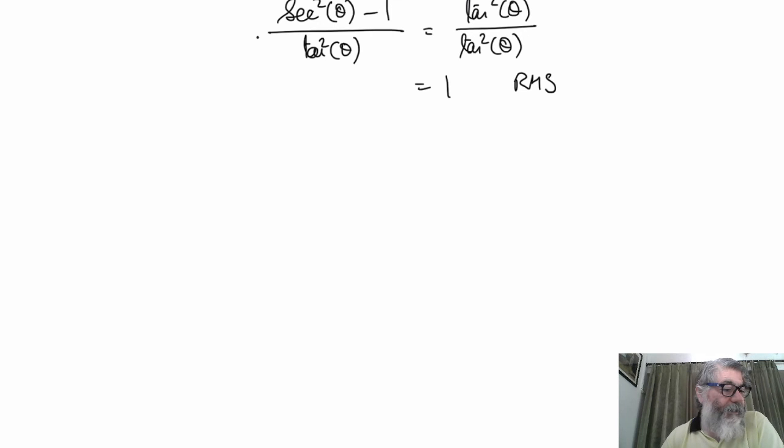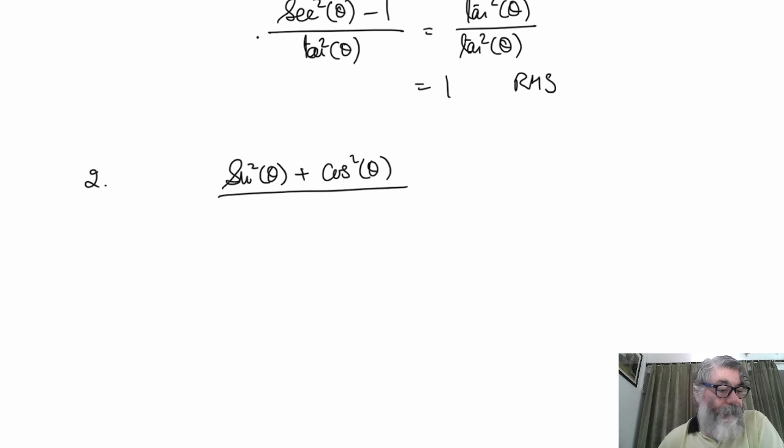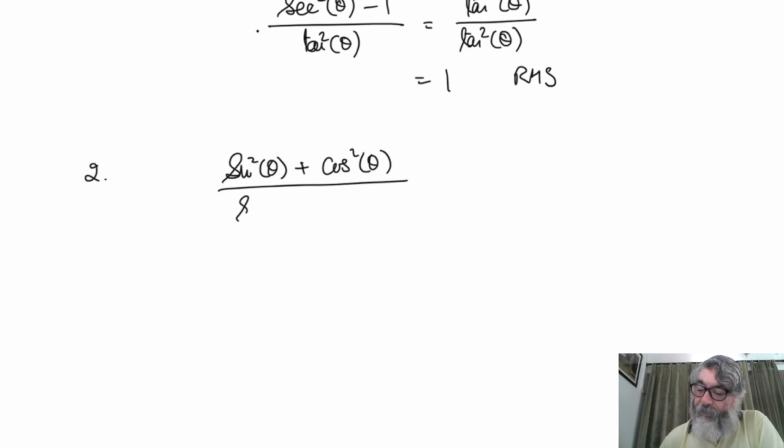For example, second question, prove sin square theta plus cos square theta upon sec square theta minus tan square theta is equal to 1.